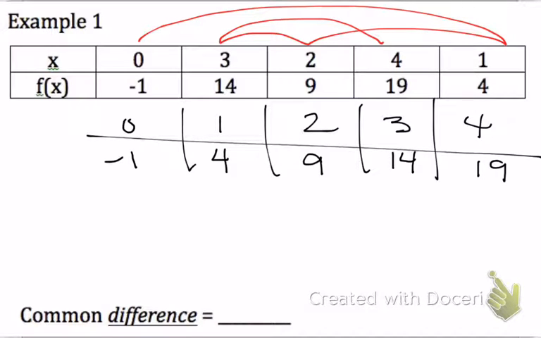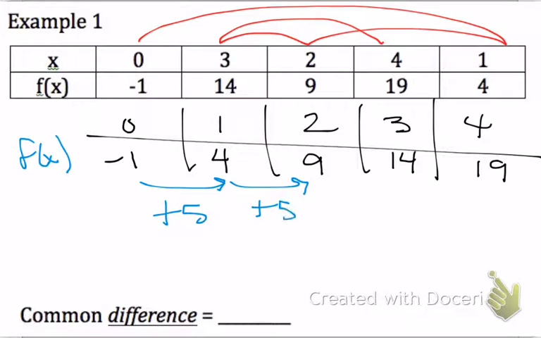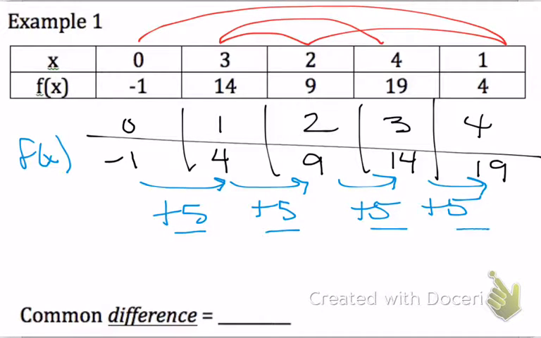Then we're going to follow the instructions of, let's look at the f of x to see what's happening. So here we have a plus 5, plus 5, plus 5, plus 5. Make sure to check every single one. Do not just assume that because the first one is a plus 5 that the rest of them will be.